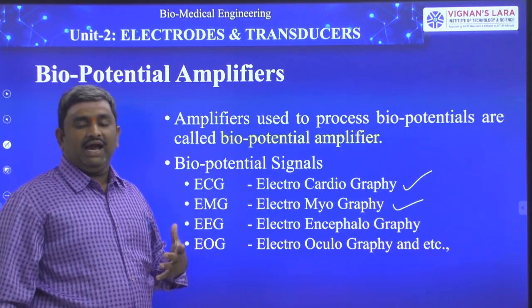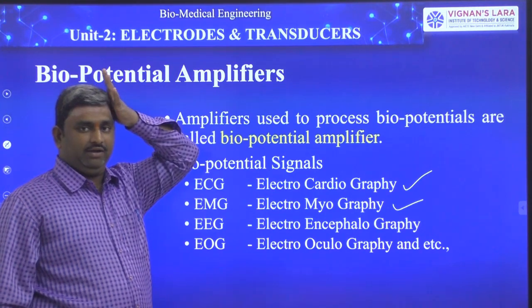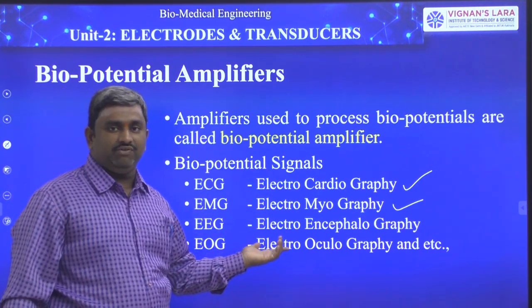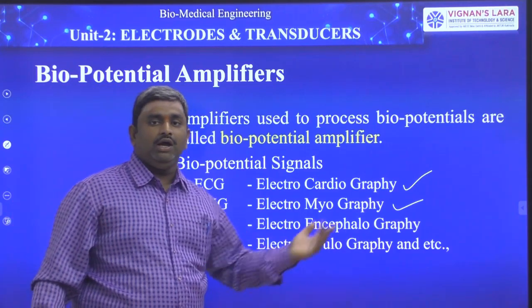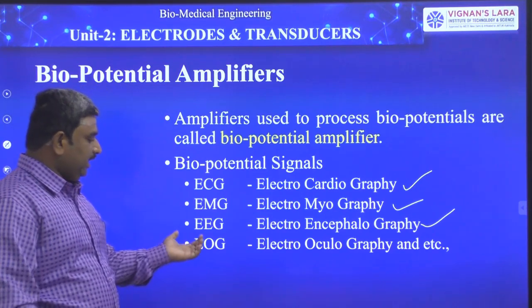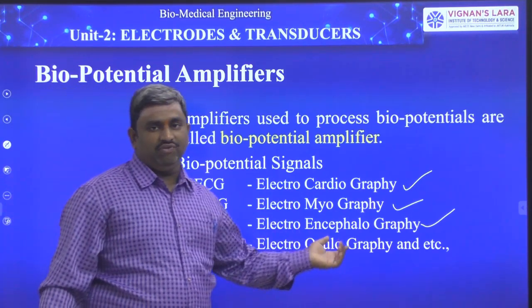These types of electrical activities occur in our brain. From our brain, we measure different types of electrical activities. This type of machine is called electroencephalography. Next, EOG, electrooculography.